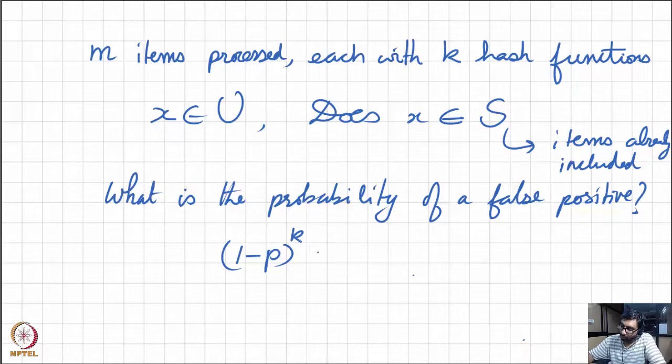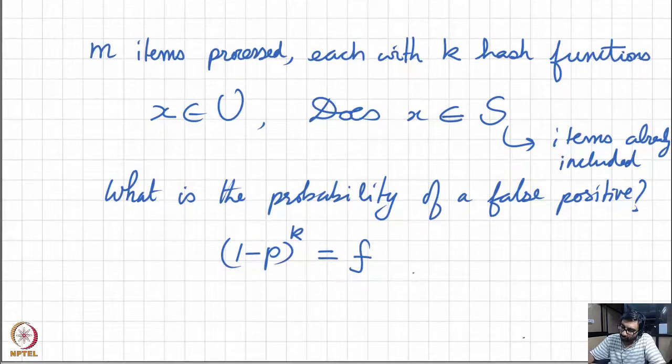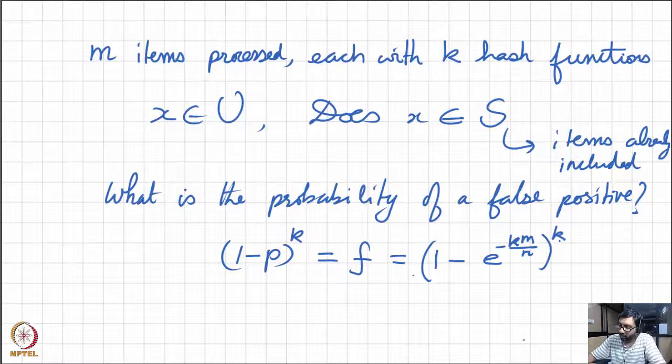And let's denote this by f, and let's expand it out to see what it looks like. And so f is going to be 1 minus e raised to the minus km over n, the whole thing raised to the power k. Now let's make sure our intuition is fitting this formula that we have. And remember, f is the probability of a false positive.